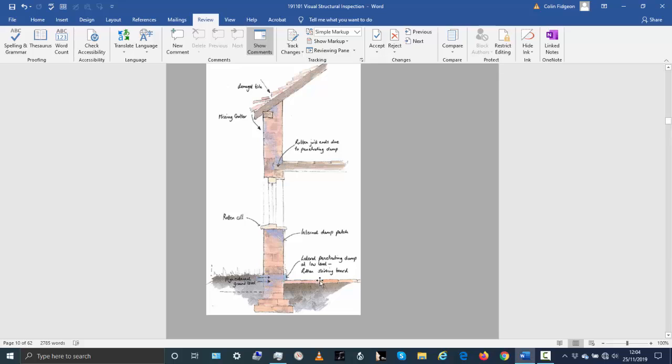What it should be, a good detail, is that the external ground level should be about 150 millimeters or 6 inches lower than the internal floor. So it should be the opposite of the condition you have here. This ground should be lowered. So in many cases, I recommend lowering the external ground level to prevent this sort of moisture creeping in.